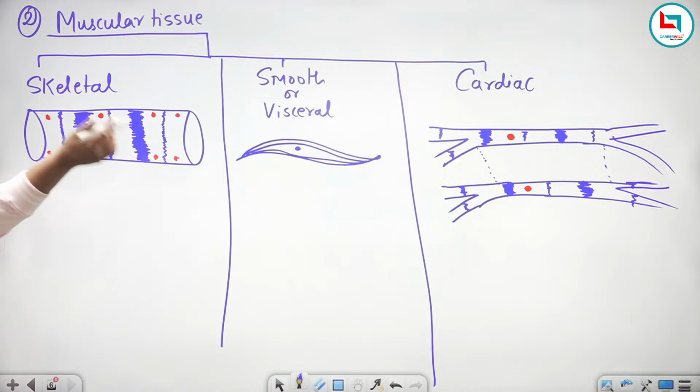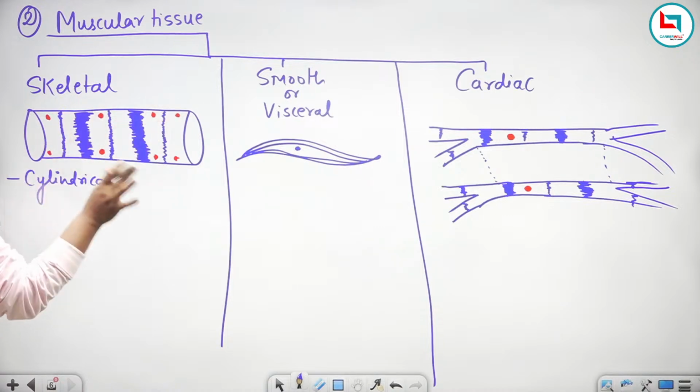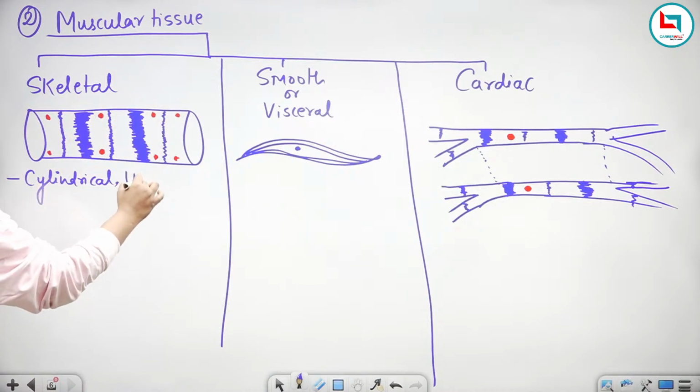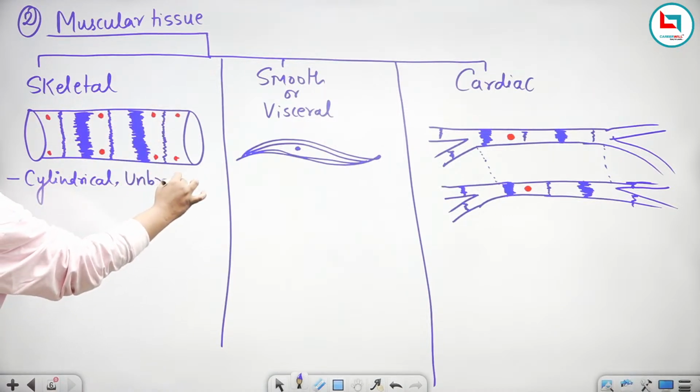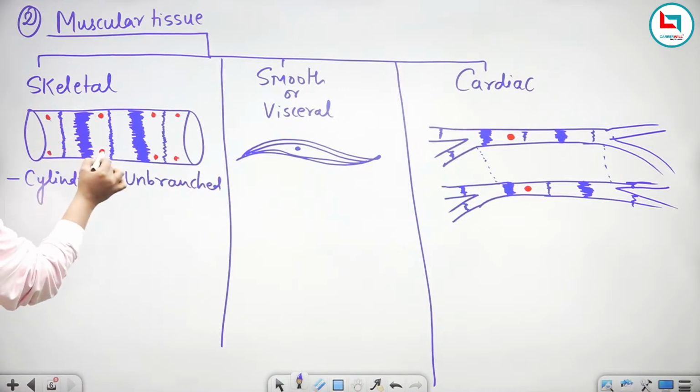If we see the structure of skeletal muscle, it is cylindrical in shape. So first point is these are cylindrical cells. Second thing is these are unbranched. These do not show any branching. Third thing is they contain more than one nucleus, so these are multinucleated.